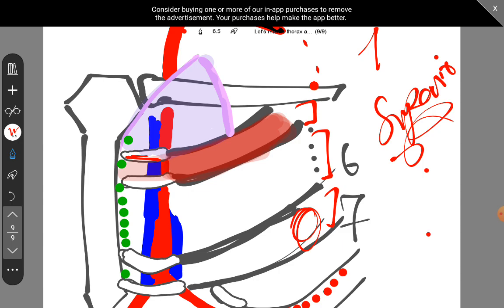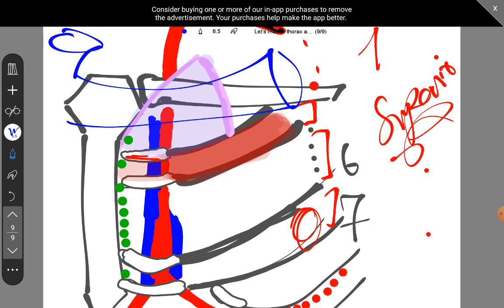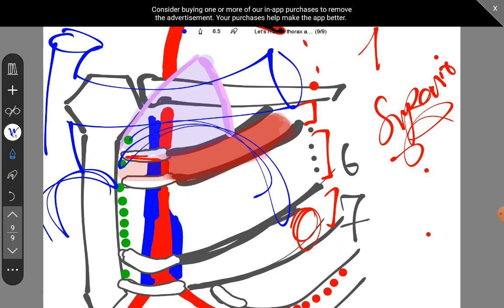To demonstrate that, let me change the color. There are two brachiocephalic veins, which go from lateral to here, and they make the superior vena cava, which enters the right atrium of the heart. Here is the arch of the aorta, which gives the subclavian, which goes like that, and then gives me the internal thoracic.